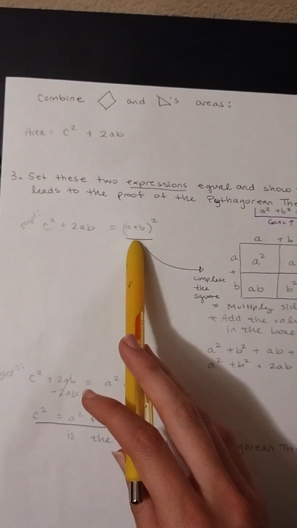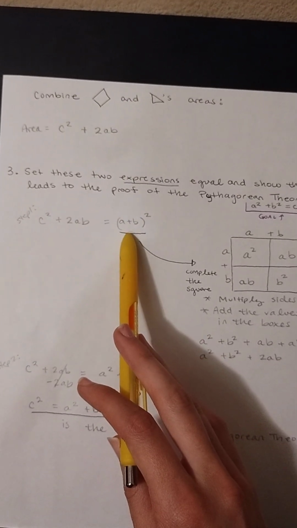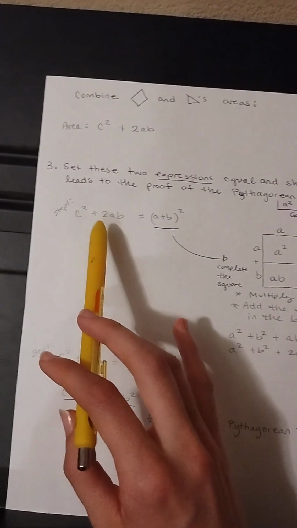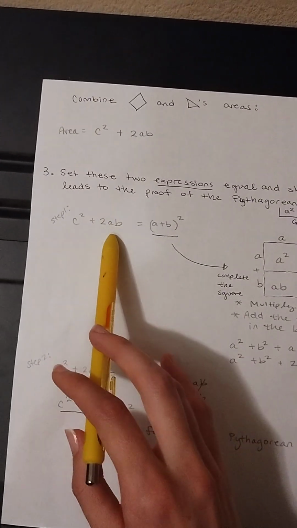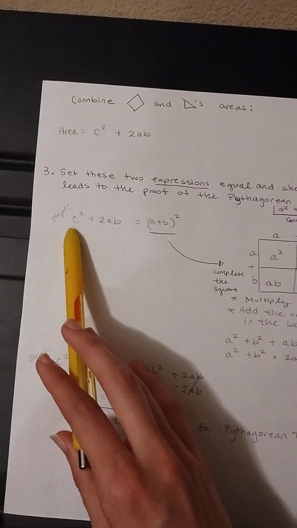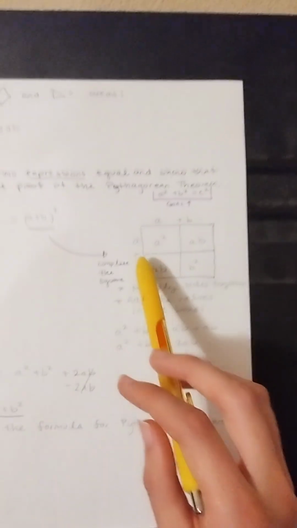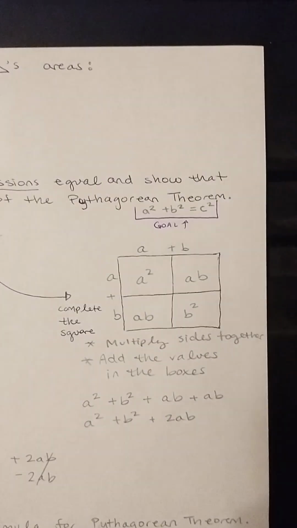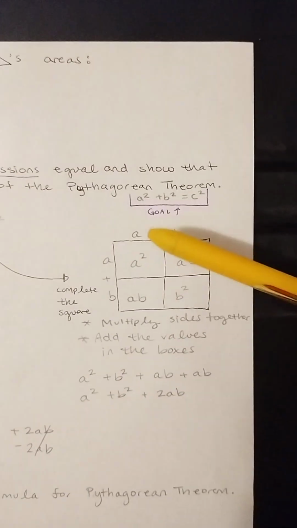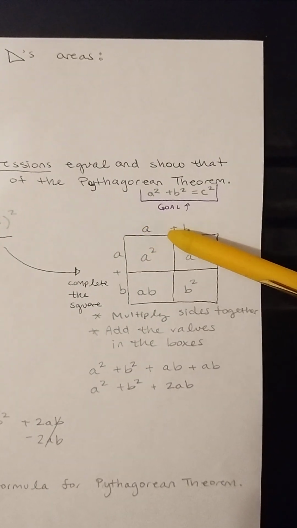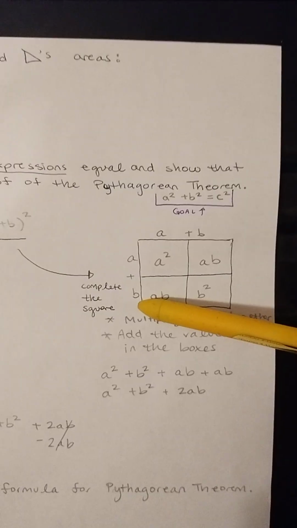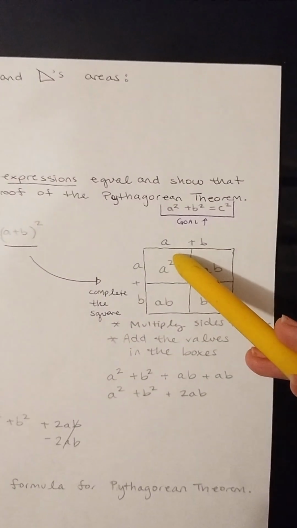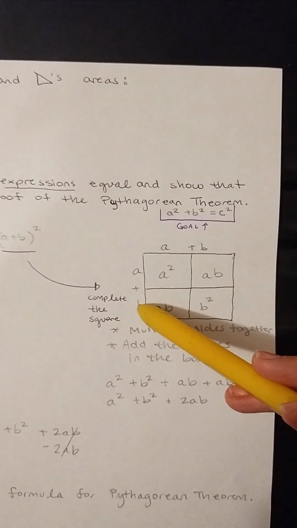I'm going to multiply out this part and see if we can get different values to make this section 2ab go away, because we need c squared. So I'm using a table of a sort, and I love using this method. It's very visual. So I put my a plus b on one side and a plus b on the other side. And I know I have to multiply out these two.